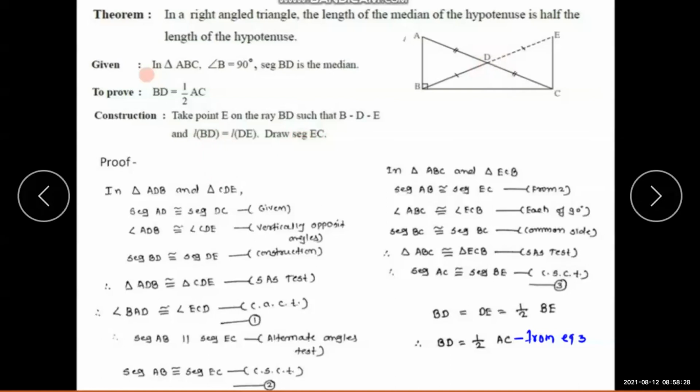Now because of that construction, we have to consider the two small triangles formed to write a proof.